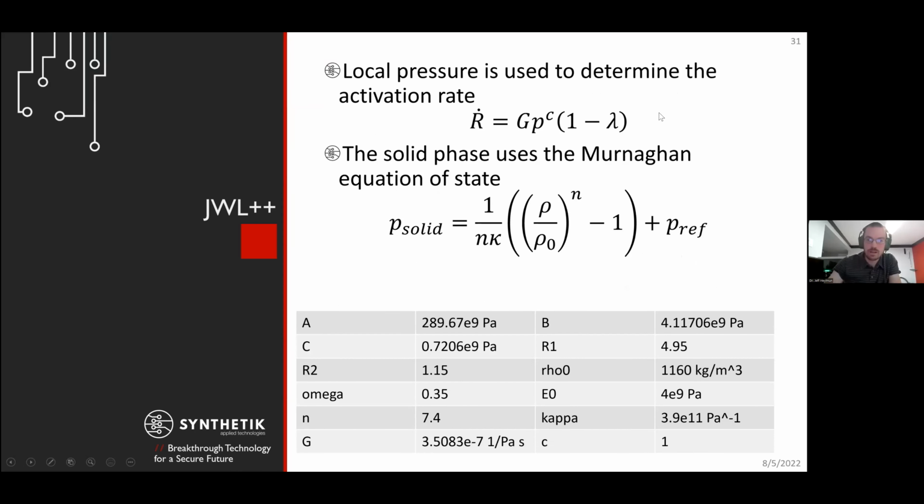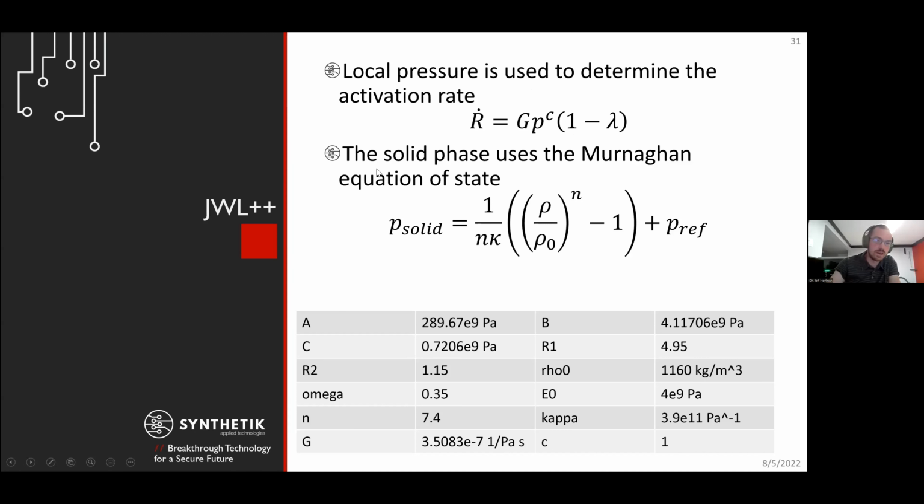The reaction rate used in the advancement of that reaction progress variable is going to be some rate G times the pressure to some exponent, where P is in megapascals, C is 1 here, and then 1 minus lambda.